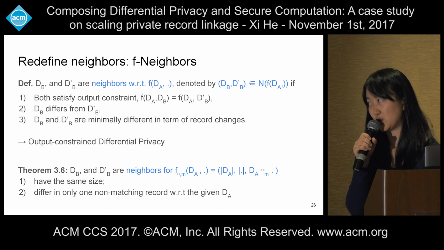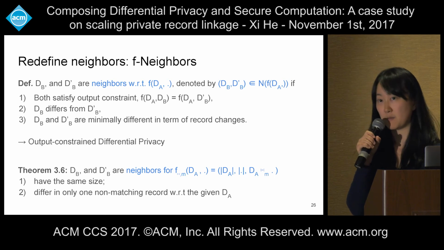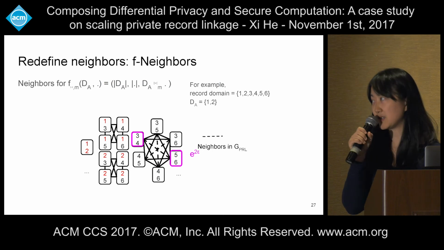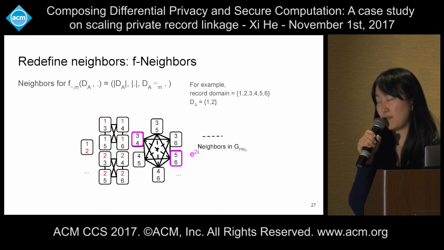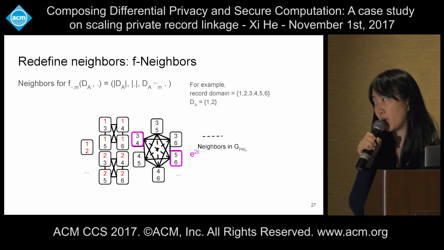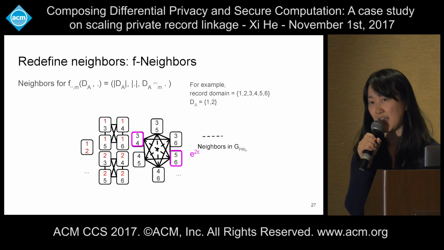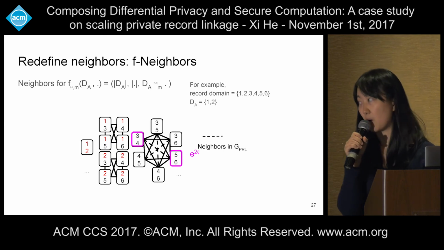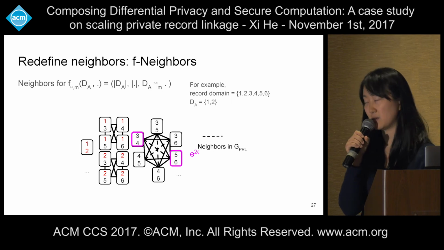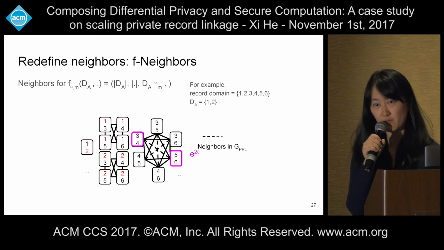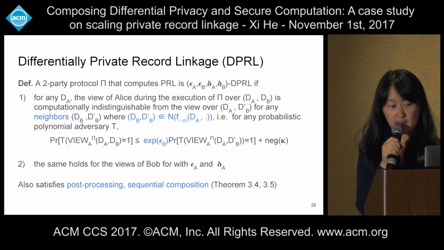So these conditions are derived from this F neighbor definition. And if we use the same example, record domain from 1 to 6 and DA equals 1 to 2, this is the new graph where you can see that 3, 4, and 5, 6, initially connected by an edge in the graph for PRL, are now disconnected, but they have a path of 2 to reach each other, right?